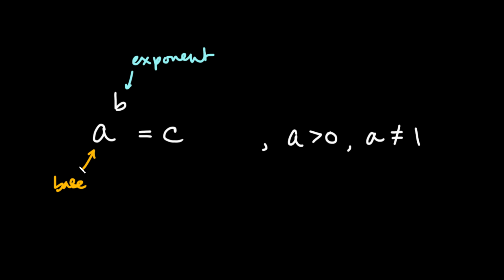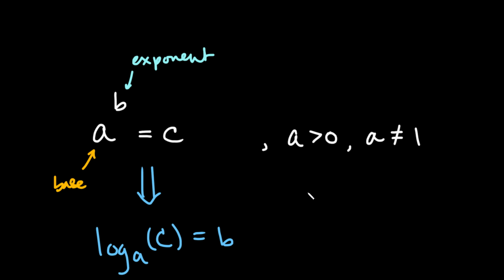We're now ready to define logarithms. We say that if a raised to the b is equal to c, then that means the logarithm, or log, base a of c is equal to b.